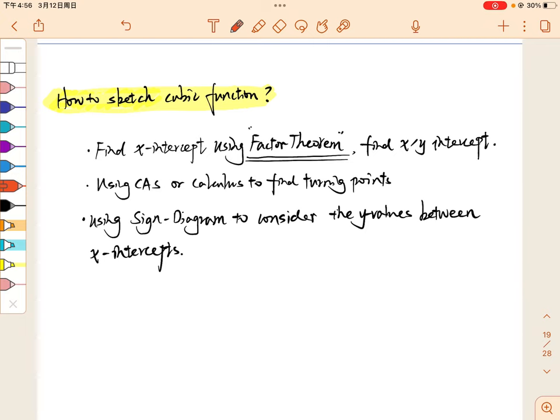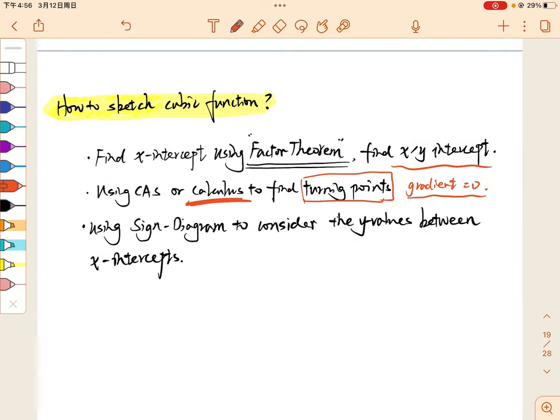And then using the CAS calculator or a calculus method to find our turning points. Because for turning points, we know the gradient would equal 0, right? So you have your x, y intercepts ready, gradient equal to 0, so the turning points ready. And then you're using the diagram to see where the graph is. Basically, are they increasing? Are they negative? Are they positive? Between those x-axis intercepts and the turning points? And then you do the graph.